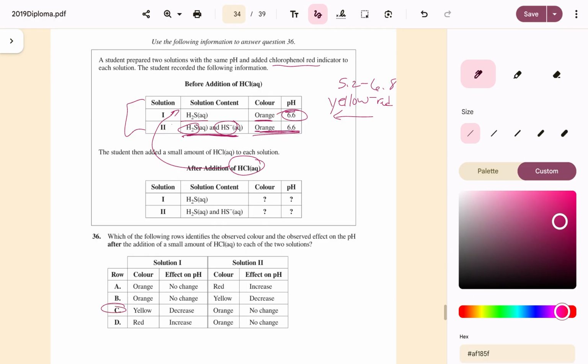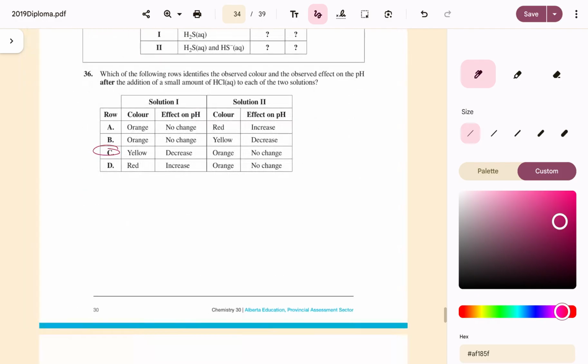So that looks like it's going to be C. In solution 2, because it's a buffer system, buffer systems can resist the change of pH. So it would stay in between the 5.2 to 6.8 range and nothing else would happen. So the only thing that shows that is going to be C, and that will be our answer.